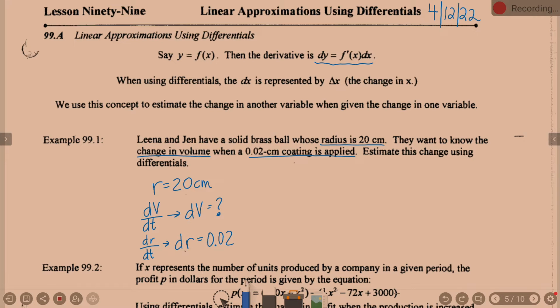What's the connecting formula I need? Is it the volume of the sphere? Volume of a sphere. No, 4/3 pi r cubed.